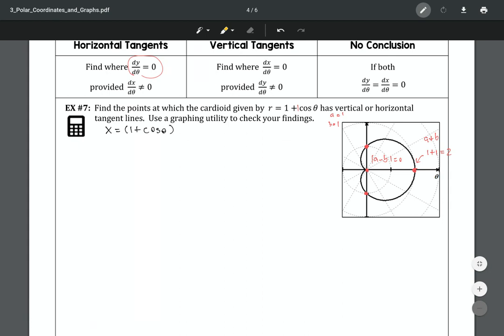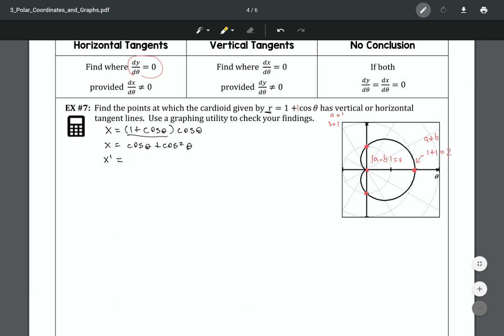Again, that was r originally. Now if I distribute, I'm going to take the derivative with respect to theta.